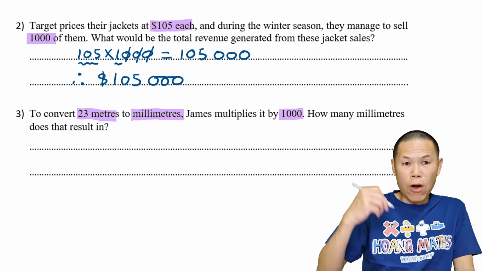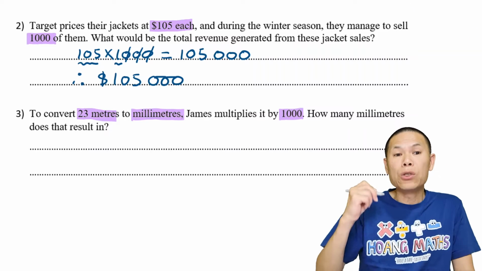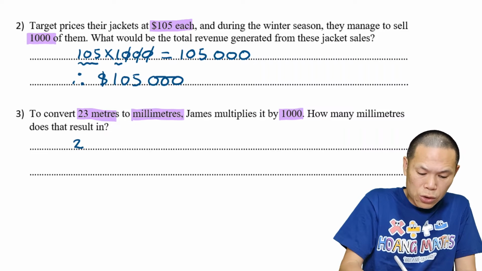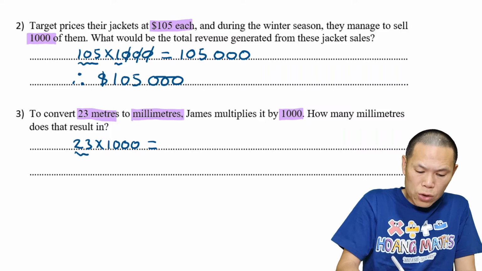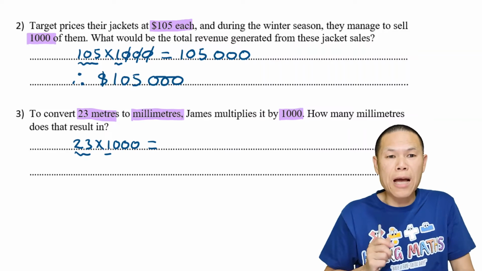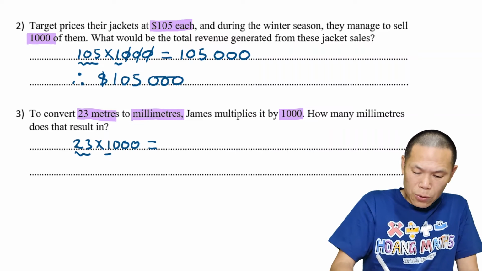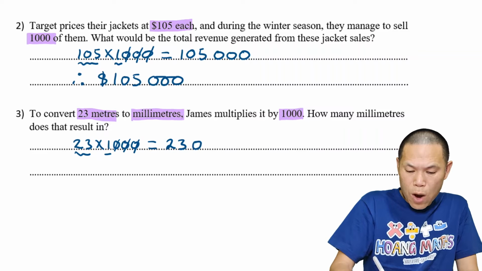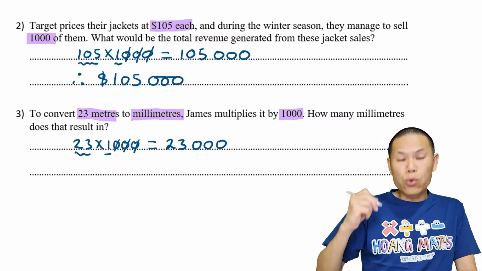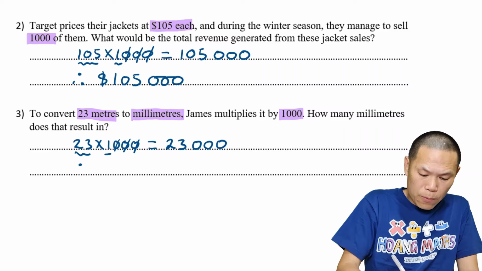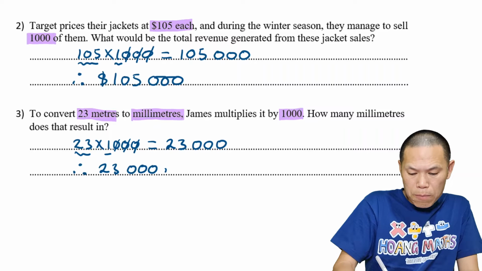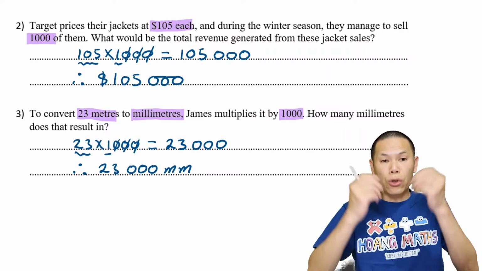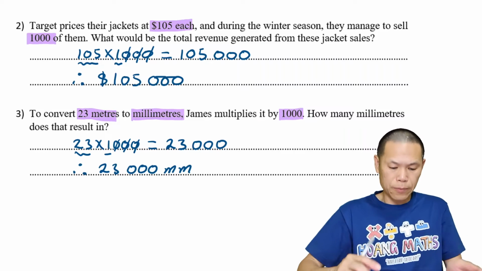So to work out how many millimeters are in 23 meters, we go 23 times 1,000. 23 times 1 is 23, so we write 23 and we have 1, 2, 3 zeros. So 23,000 millimeters. So there you go. I hope you got it correct.